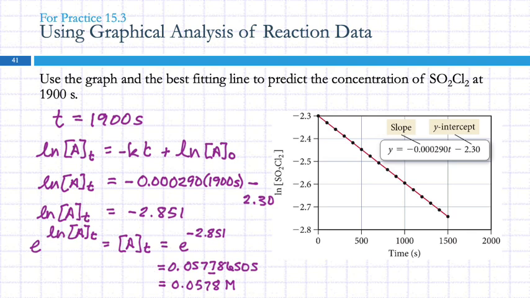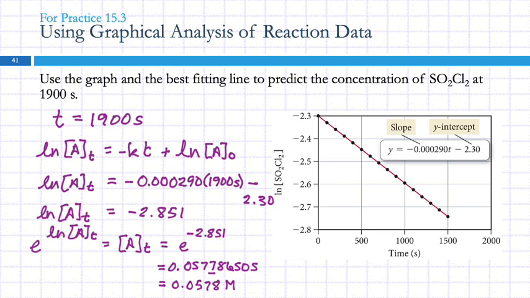Is that a reasonable concentration? Well, it's not negative. That's good. Negative concentration is impossible, right? This is the natural log of the concentration at time 0. So we could find the concentration at time 0.